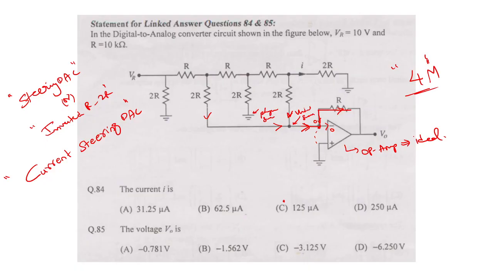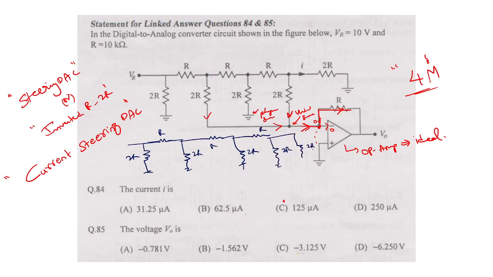If you look at this problem, this is 2R, this is ground, this is R, this is also at ground, this is R, also at ground potential, this is R, also at ground, then there is 2R here. I want to find the current that is going through.